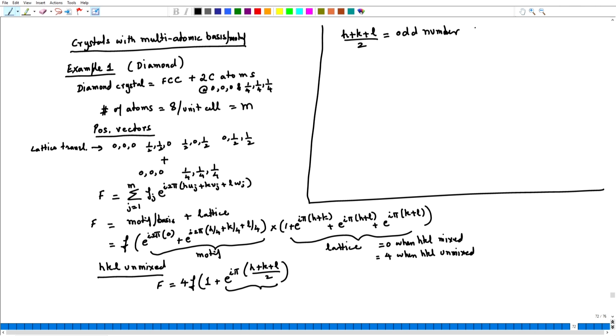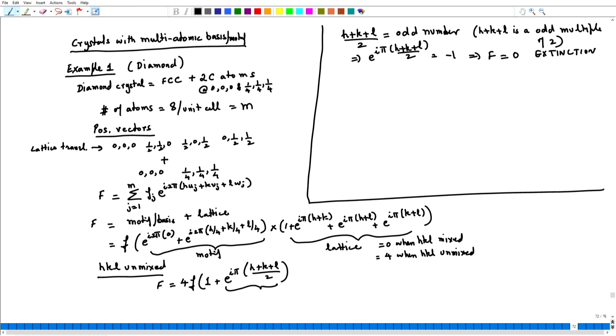Another way of putting it is when h plus k plus L is an odd multiple of 2. If that is the case, then I will have e to power i pi (h plus k plus L) becoming minus 1. So, this implies e to power i pi (h plus k plus L) by 2 going to minus 1, which implies that F is equal to 0 and you get extinction.